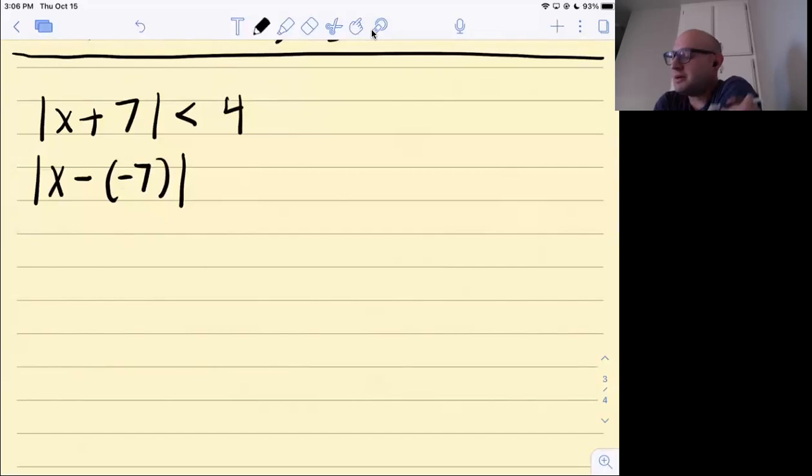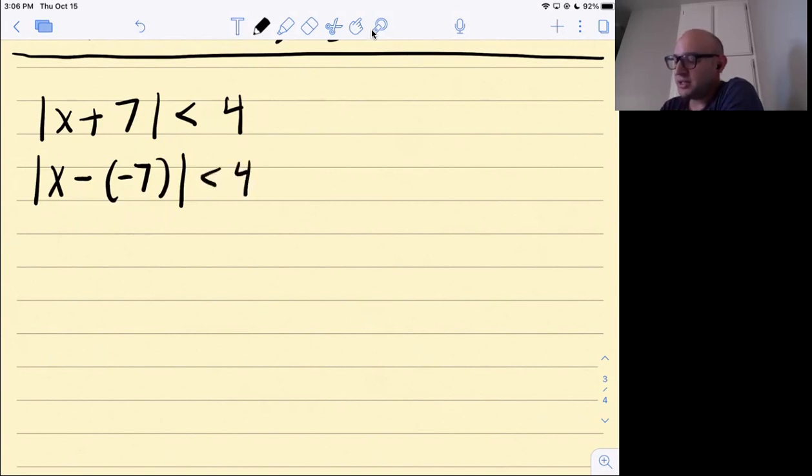This is a handy trick that shows up in lots of places in math. This is not the only time that we'll ever see this. And believe it or not, it shows up in all types of math. So if you ever have a formula that needs to have a minus and you have a plus, just think of it as minus minus.